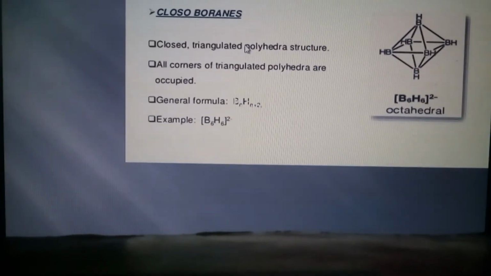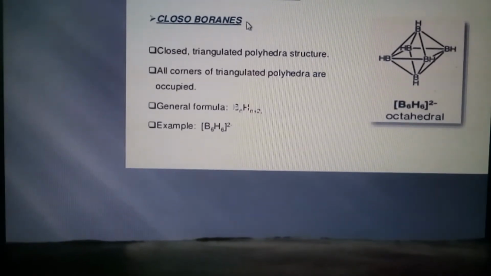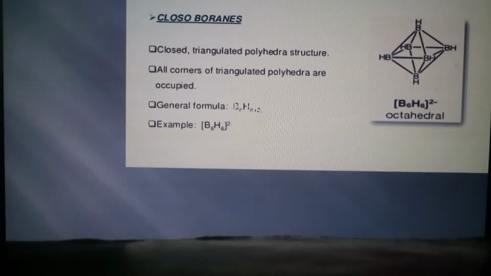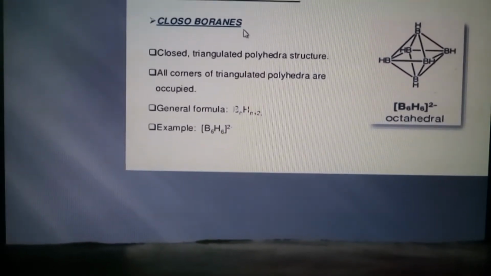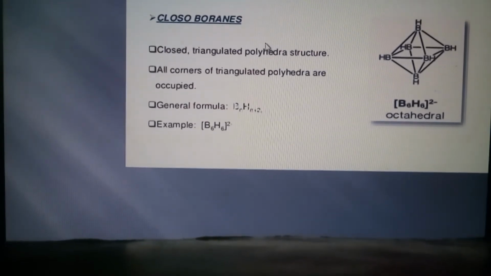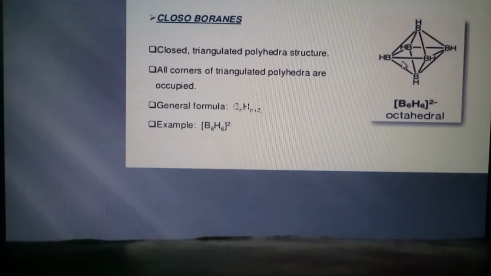Let me now discuss the types of boranes. There are mainly 3 types of boranes. First one is closoborane. Closoborane means its structure is a regular polyhedron.